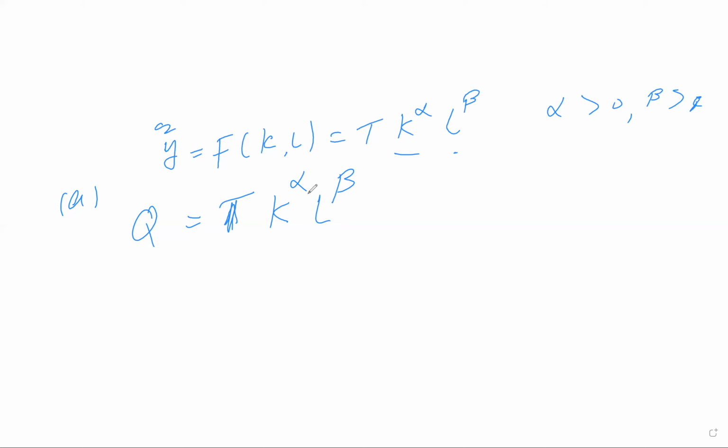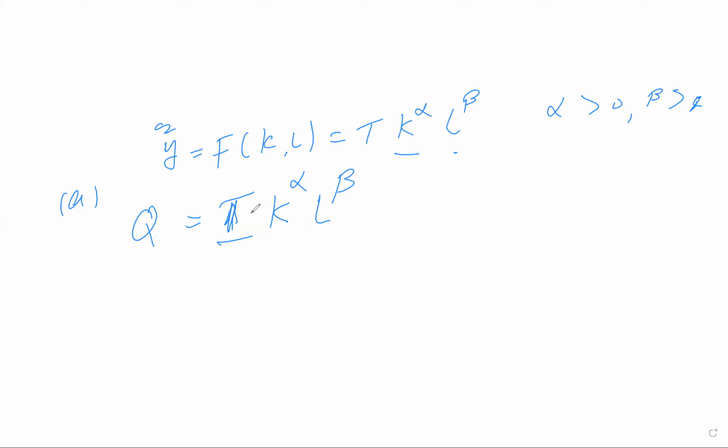Alpha and beta are positive parameters, both greater than 0. The equation tells us that output depends directly on capital and labor, and that part of output which cannot be explained by labor and capital is explained by T, which is a residual, often called technological change.